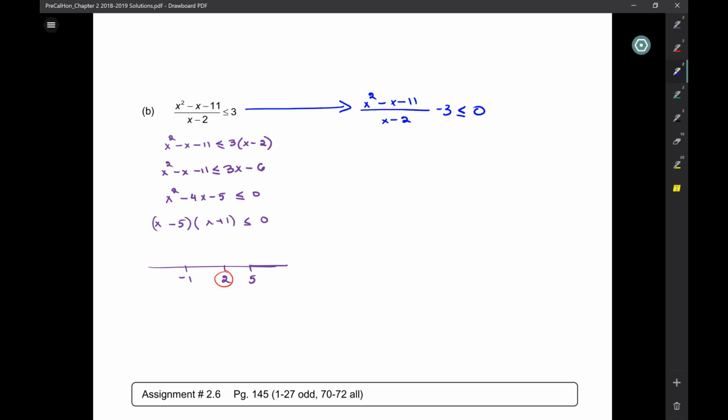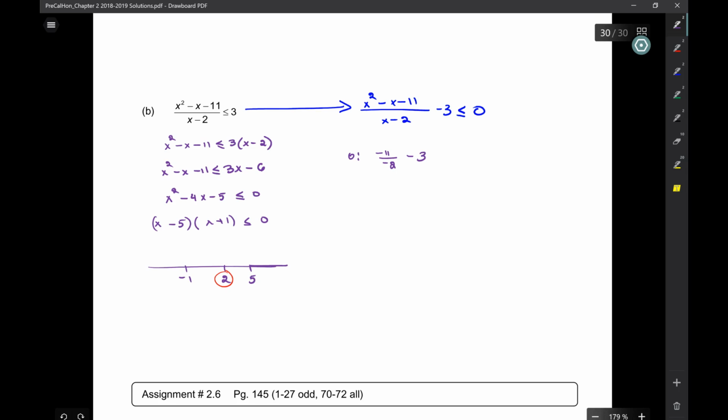Now that blue is what you're going to plug your values into. Okay? So, again, my favorite to plug in is 0, right? So when you have 0 here in the numerator, you get -11 over -2 minus 3. That's positive 11 over 2, which is 5.5, minus 3.